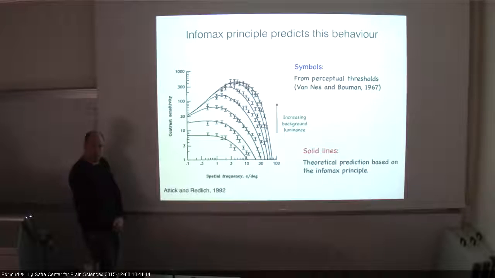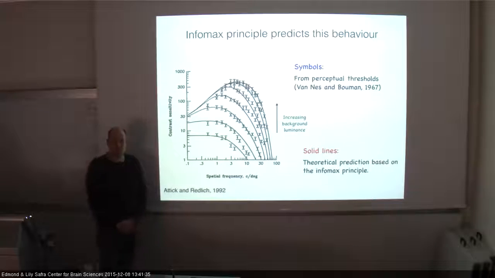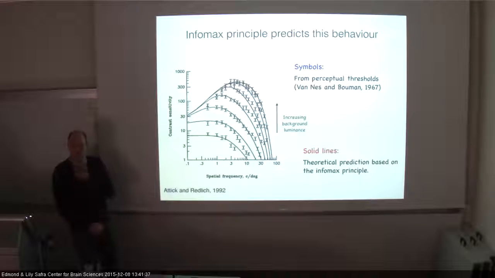They made several assumptions. One was indeed that our perceptual thresholds are coming from the retina and not from anything else in processing in the brain, and that the goal of encoding in the retina is to maximize information about the visual stimulus while making some simple assumptions about the statistics of visual stimuli, which we will discuss later on.